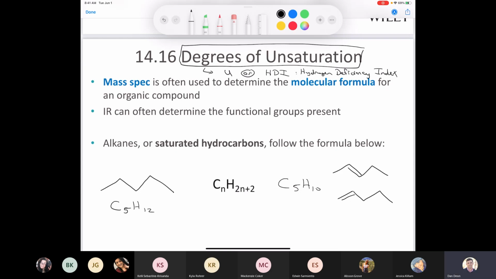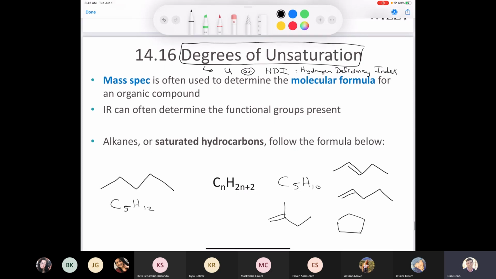It's not a trick. Cyclopentane, yes, absolutely. Cyclopentane is another isomer. Other ones would be something branched like this. Anyhow, you get the idea. So C5H10 can have a bunch of different isomers.